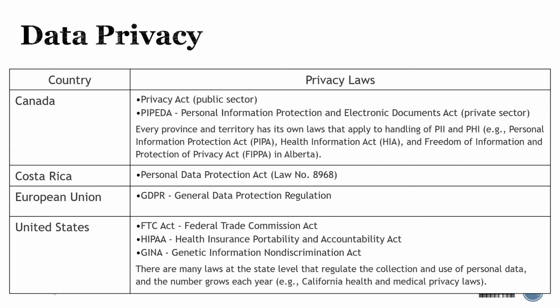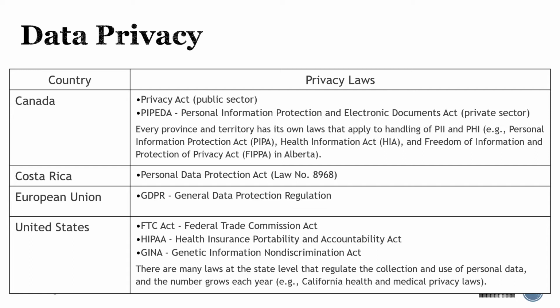However, within each province and territory, they will have their own laws that apply to handling personal information as well as health information, so personal health information. For example, here in Ontario, we have the PHIPA legislation, which oversees how health information is managed within the province.